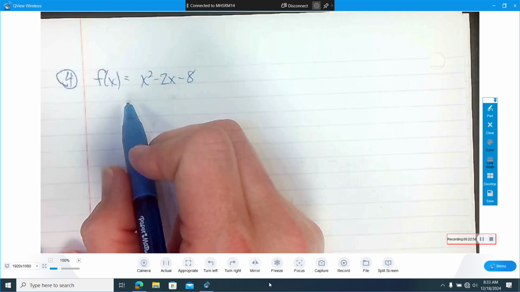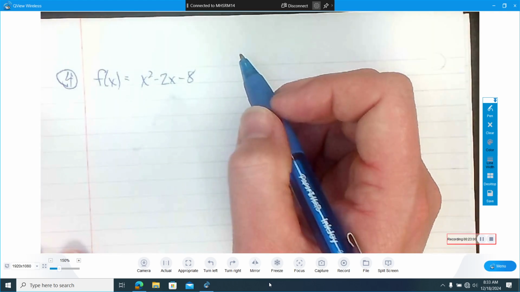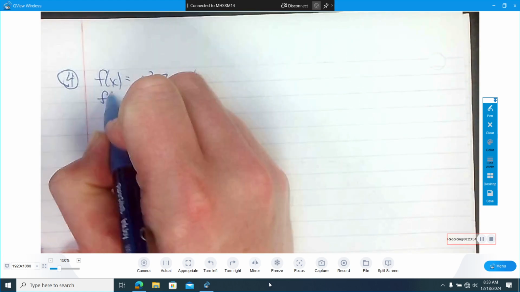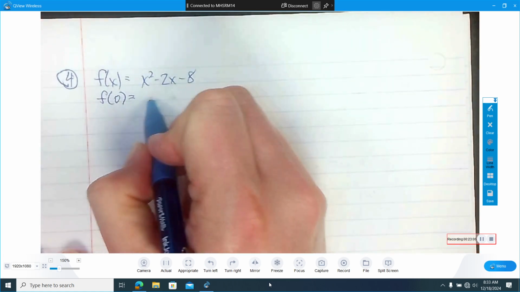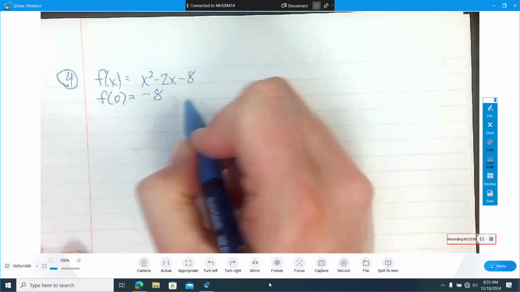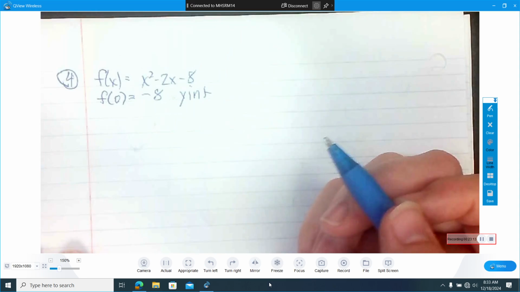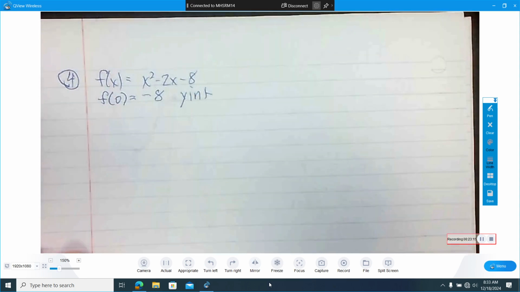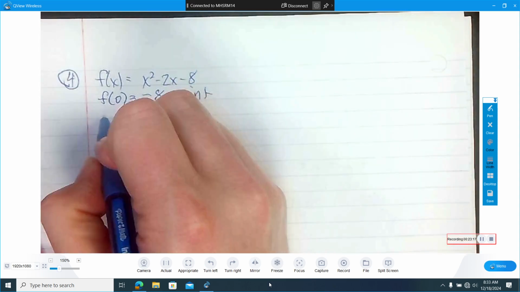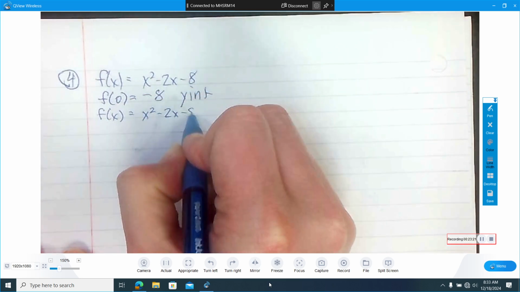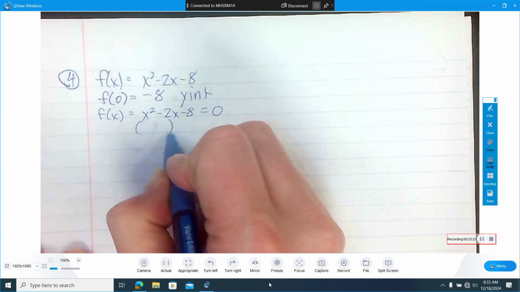So to find our intercepts, I know that I can plug in a 0 for x, and I get negative 8 very easily. That is the y-intercept. To find the x-intercept, I can take my function and factor and solve. So f of x equals x squared minus 2x minus 8.